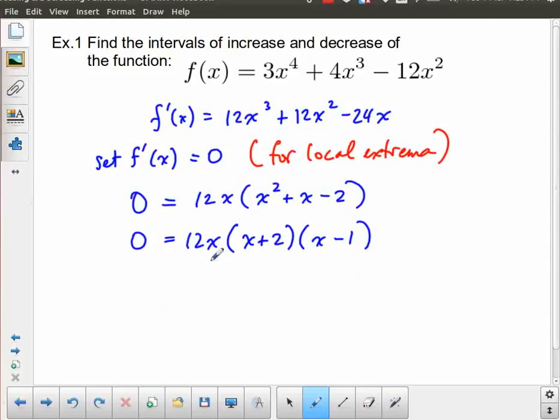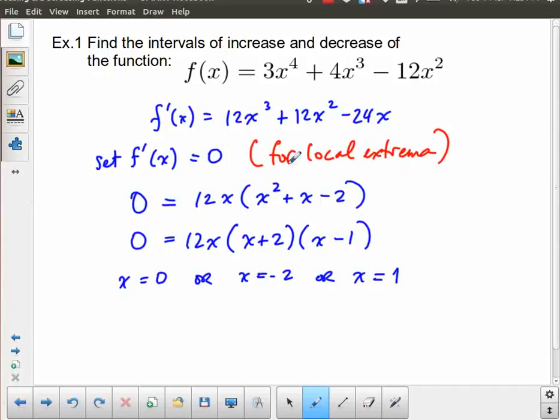And so what are my possible solutions here? Well, 12 can't make this thing equal to 0, but x can. So we end up with x equals 0, or x equals negative 2, or x equals positive 1. So those are my possible solutions.